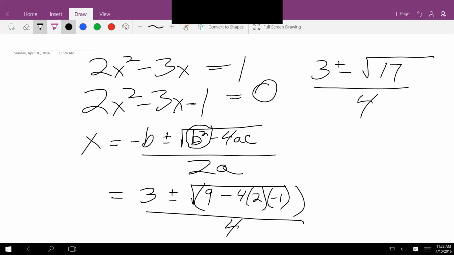If it was imaginary, let's say we had an i on the end, now you would want to put it into 3/4 plus or minus root 17 over 4 i. And I know I cannot simplify root 17 because it is prime. You're never going to be able to simplify the square root of a prime number.